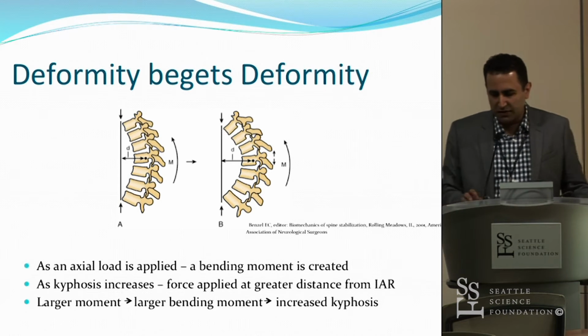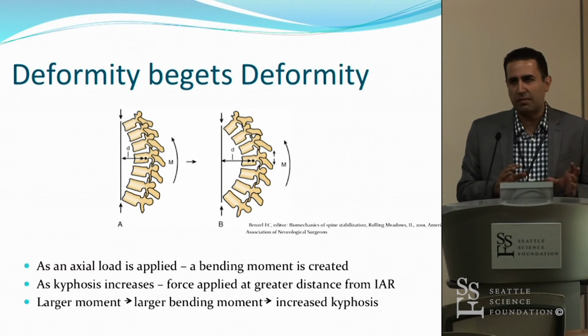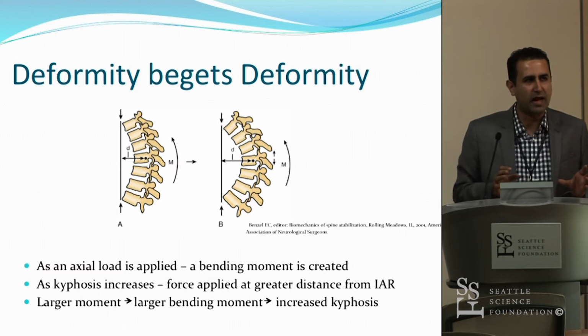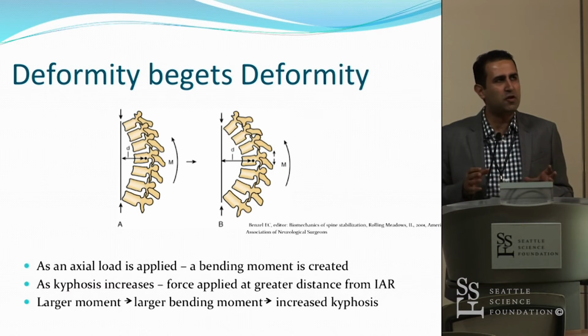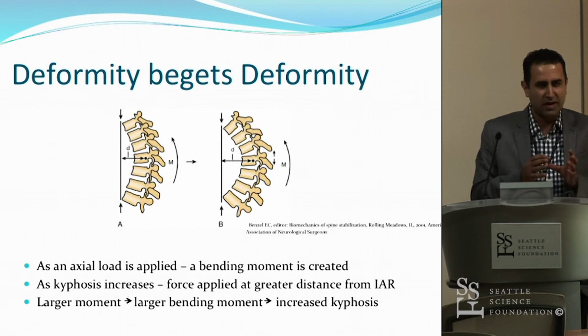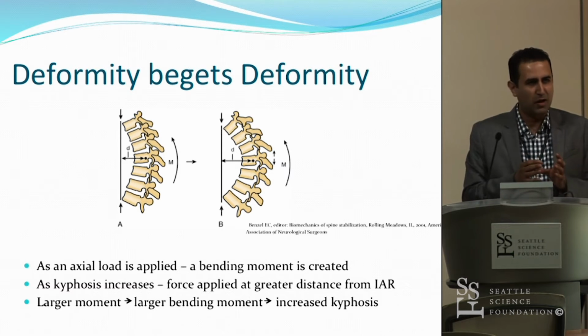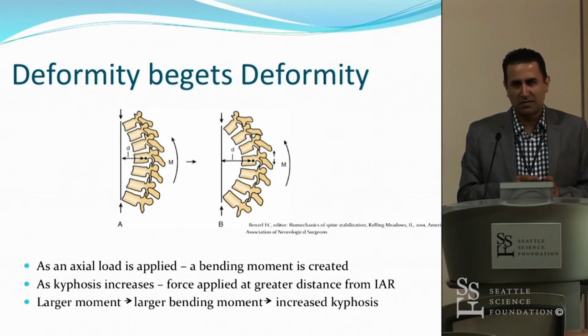This concept is beautiful because it explains something that we see practically every day, and that is that deformity begets deformity. For a relative increase in the size of the applied load, you increase the bending moment.